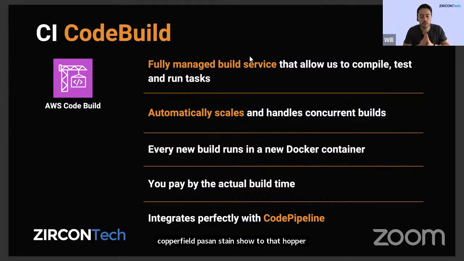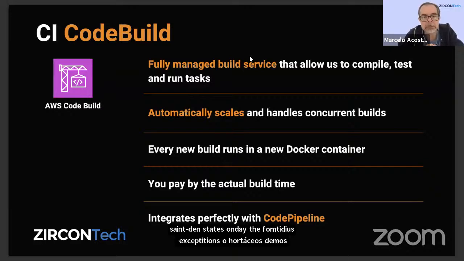Code Build will allow us to compile our code, run different types of tests, and also run any validation checks that we may need, maybe database schema changes and so on. And it will run in a new Docker container every time a new process starts, so it doesn't save any states or data from previous executions or tasks.